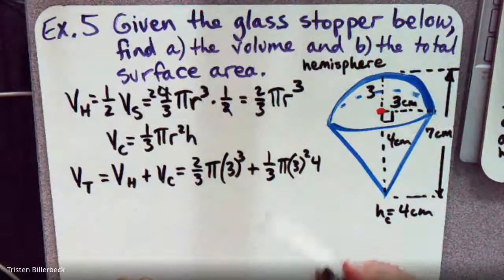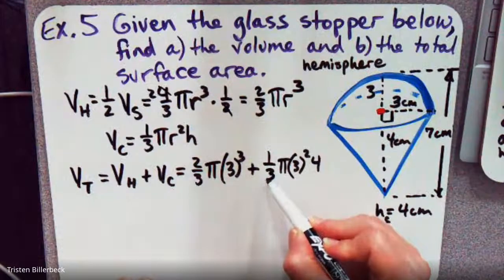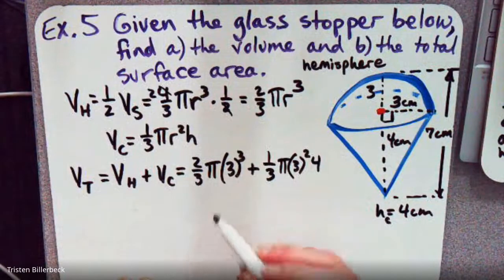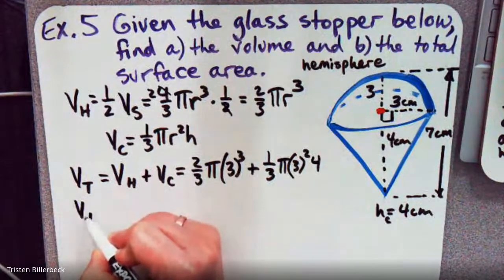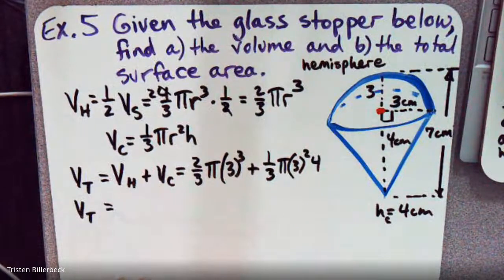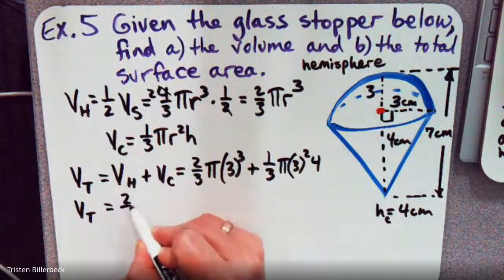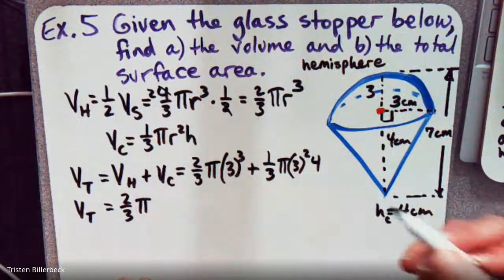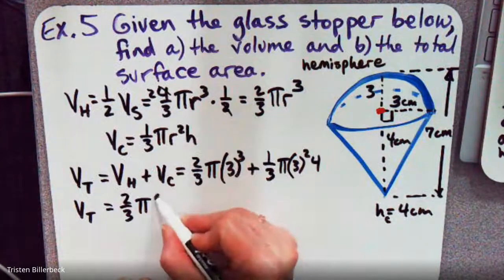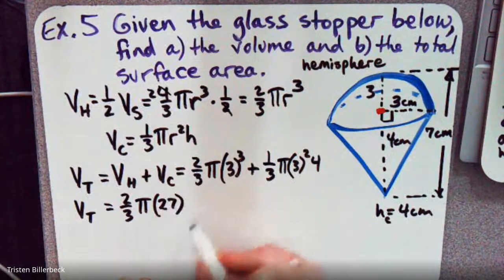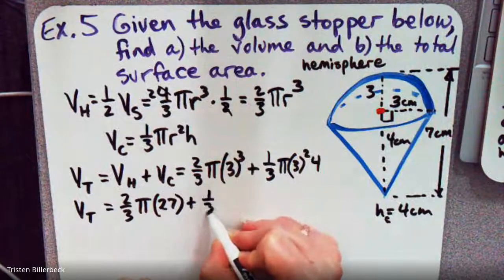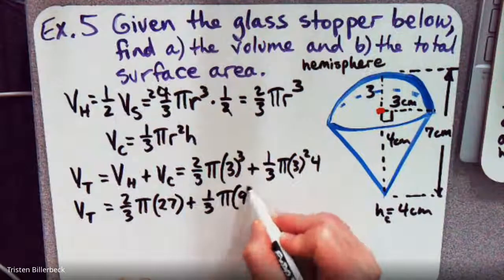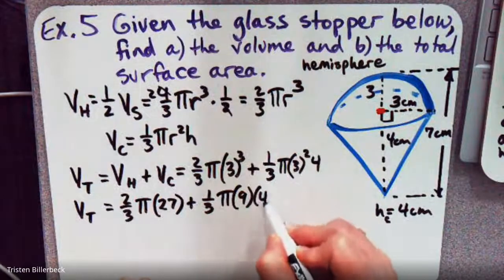When we're dividing by 3, let's reduce some of this. Let's expand it first so it's easier to see how I'm reducing it. So it's 2/3 pi, and 3 cubed is 3 times 3 is 9, times 3 is 27, plus 1/3 pi, and then 3 times 3 is 9, times 4.